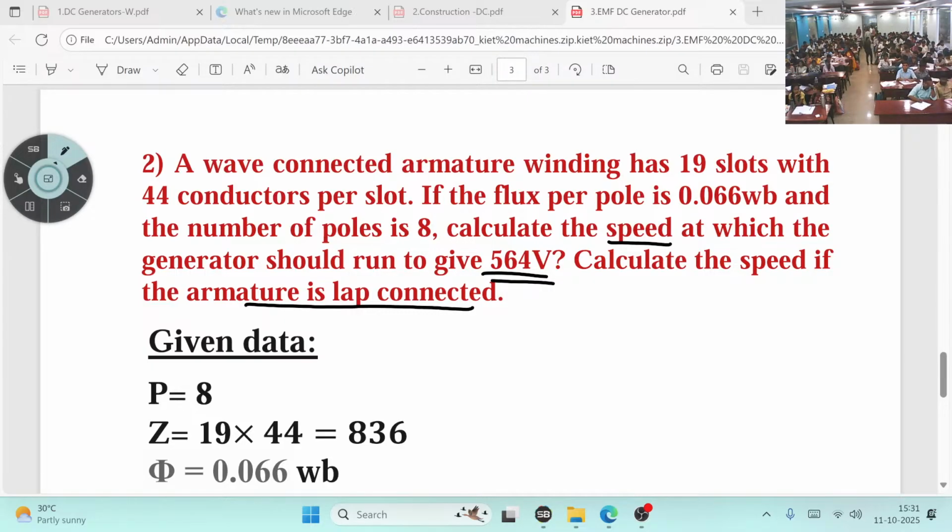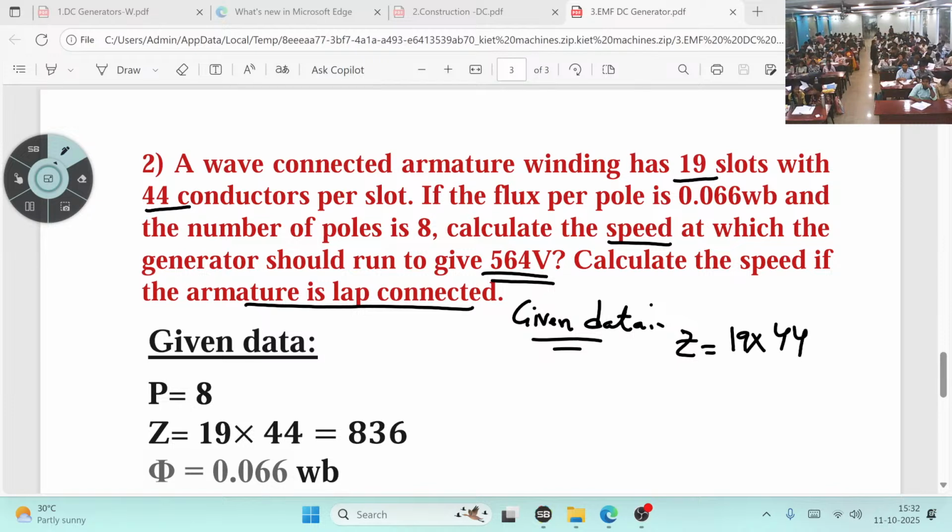So your given data is, how many slots are we having? 19. How many conductors per slot? 44. So given data is, Z is equal to 19 into 44. That is here 836.